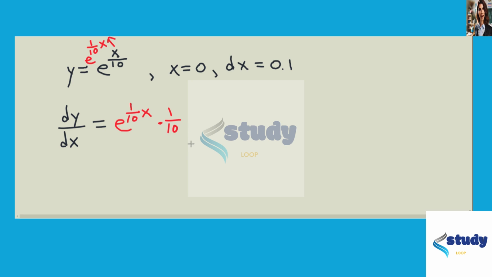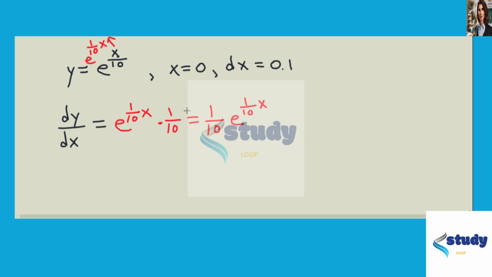So dy dx is really equal to 1 over 10 times e to the 1/10 x, or you could rewrite this as x over 10 if you wanted to. But that is our derivative.